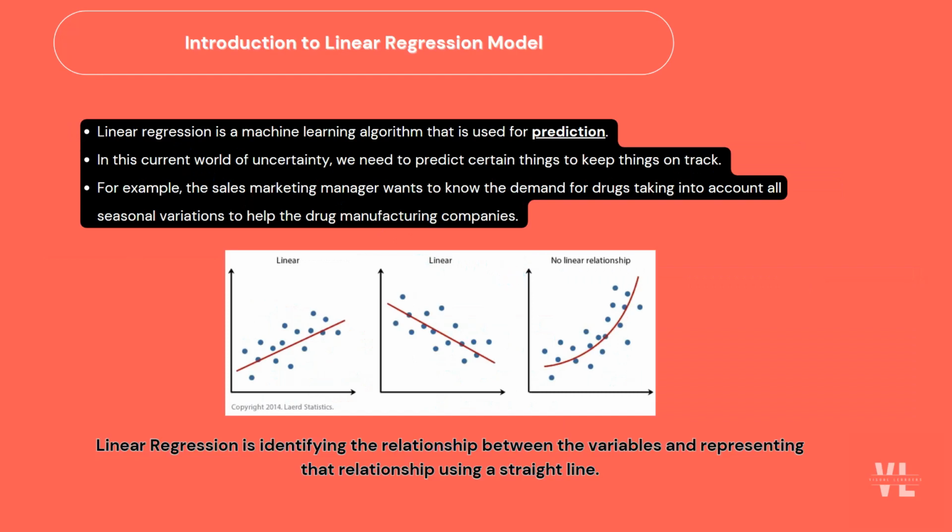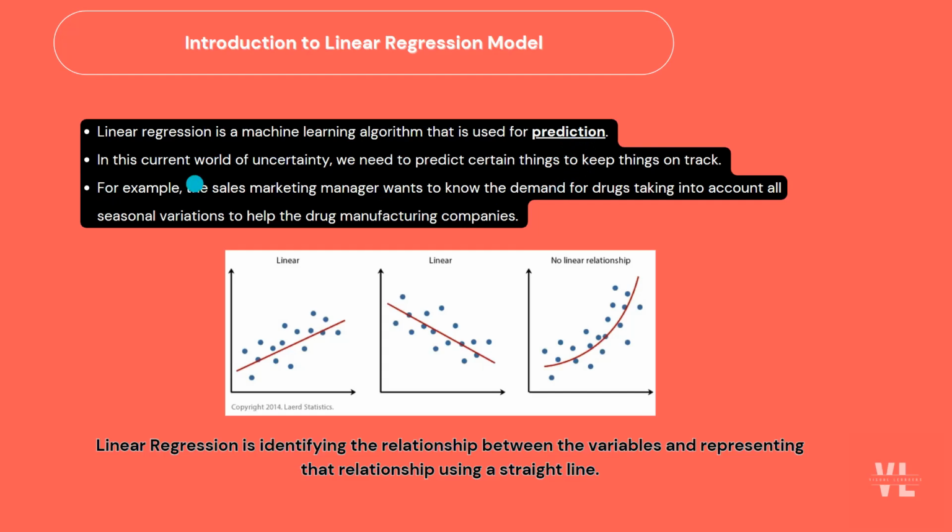Finally, after we have considered all of the assumptions for selecting the linear regression model, let's see what linear regression actually is and define the term. Linear regression is a machine learning algorithm that is used for prediction.